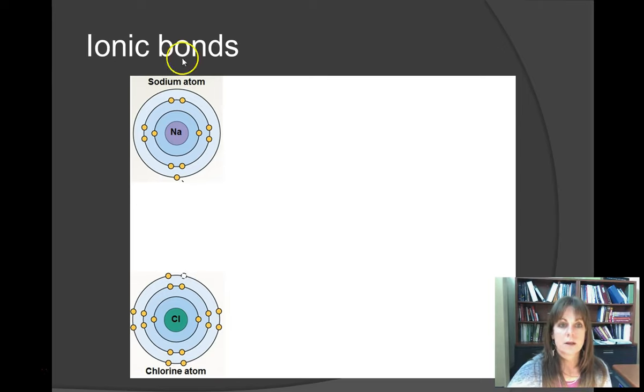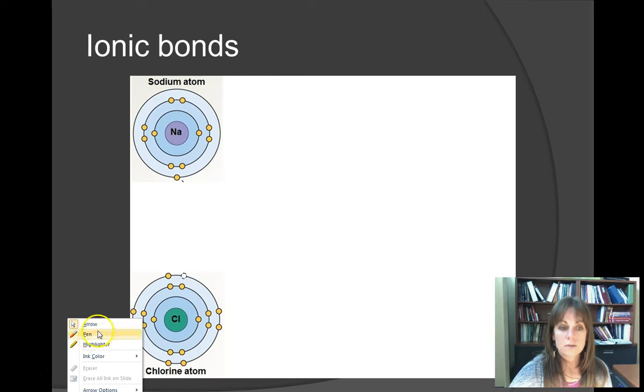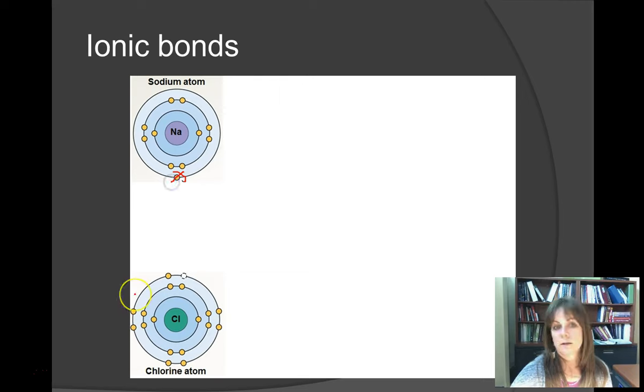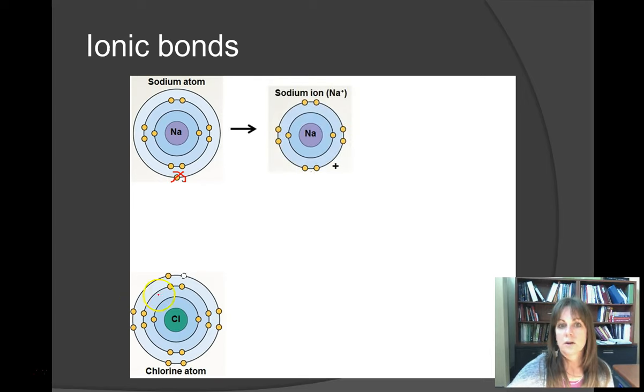Here we've got 2 atoms, a sodium atom and a chlorine atom. This outer valence shell of sodium is not stable, so it is going to lose this electron, forming a sodium ion. Because it's lost an electron, that gives it a positive charge. You should go back to previous lectures and review if this is not familiar. Let's remind ourselves of chlorine.